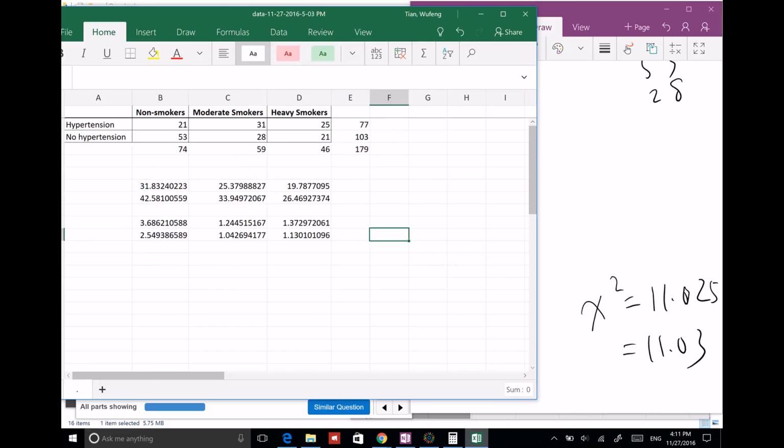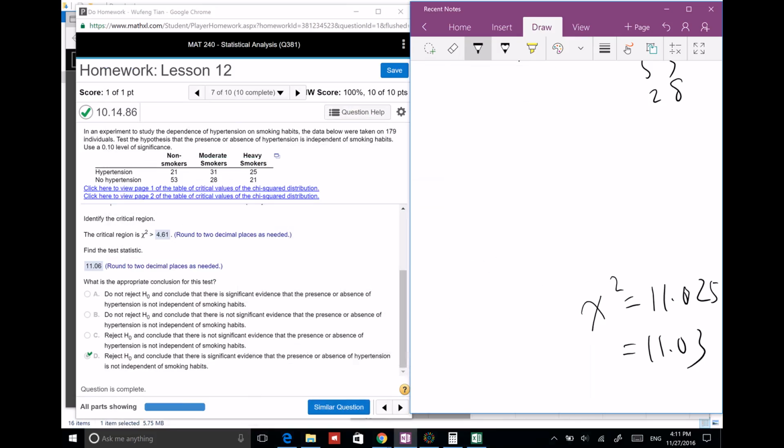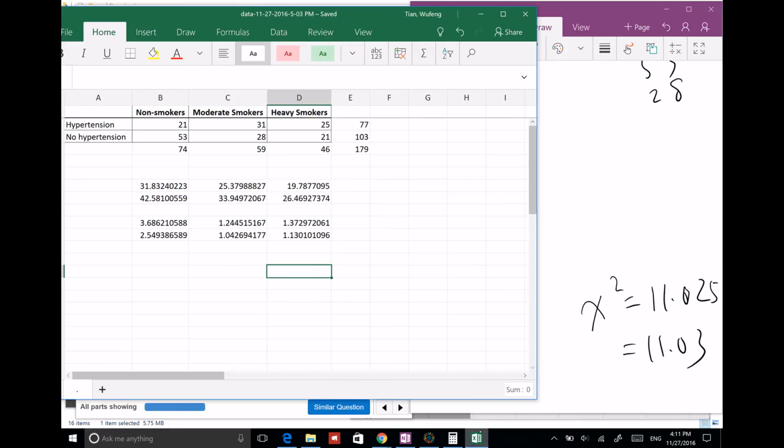Okay, so it should be right. Let me see. 11.03, 11.03, 11.06. It should be something.